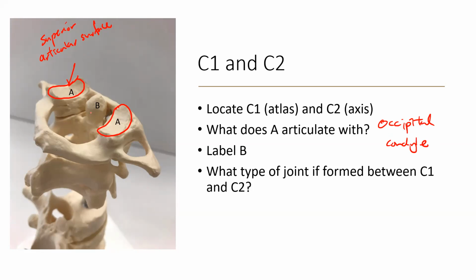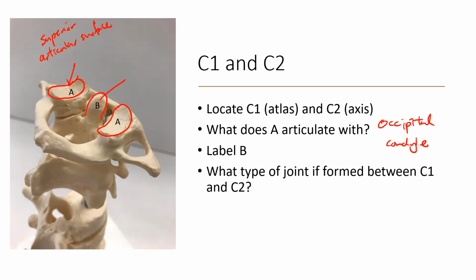So C2 is this one with the little protruding thing that goes through the hole in C1. So this here, B, is the axis.